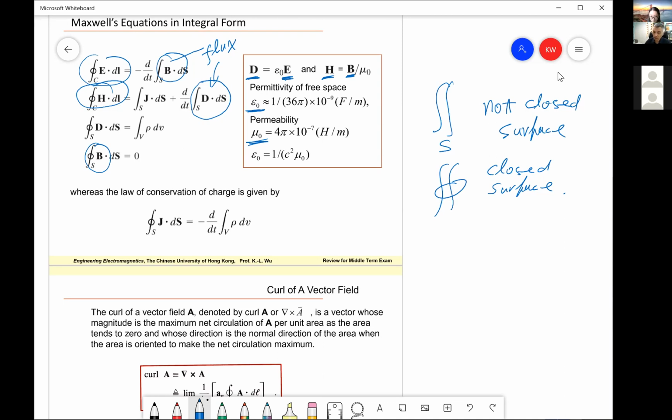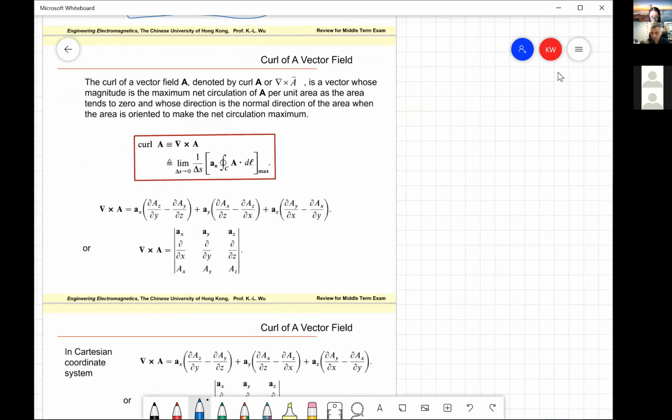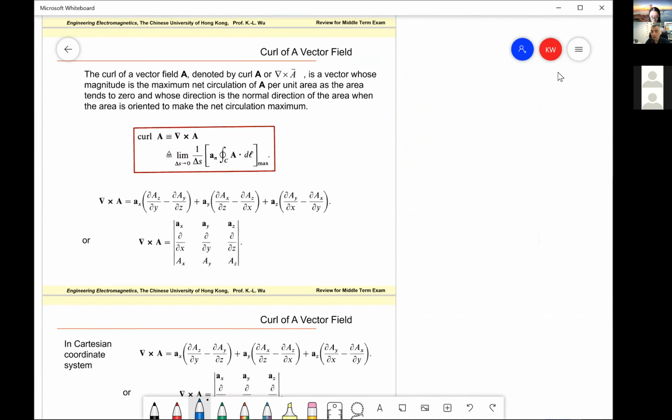function. Right? And in addition to these four equations, don't forget we have another one, the charge conservation, or current conservation law. Then before introducing the differential form of Maxwell equations, we introduced the curl of a vector.